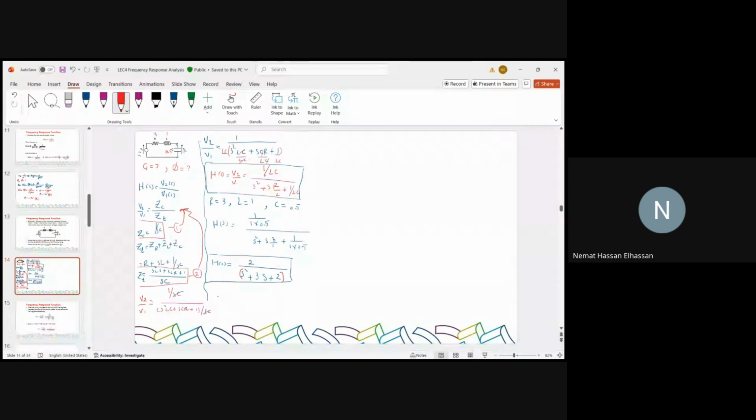So H of S is equal to 2 divided by, and then we'll factorize the denominator. We're looking at two numbers that, when multiplied, give me 2, and when added give me 3, which is 2 and 1. So S plus 1 times S plus 2. This step is just for simplification later.